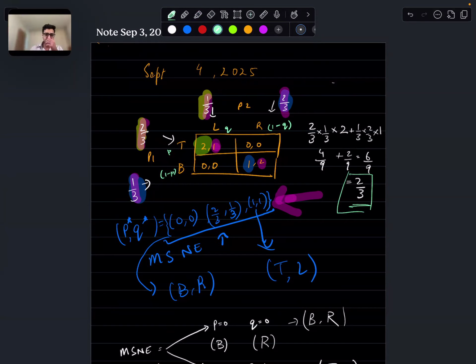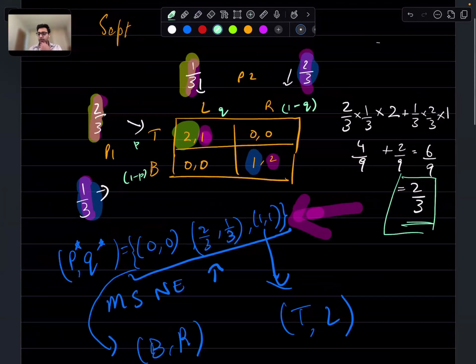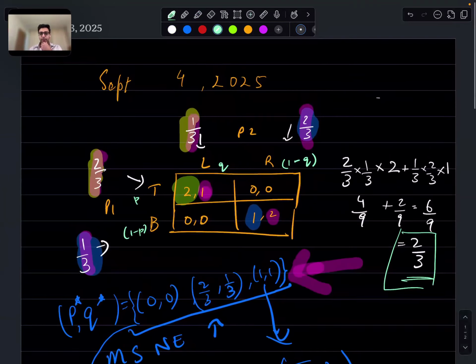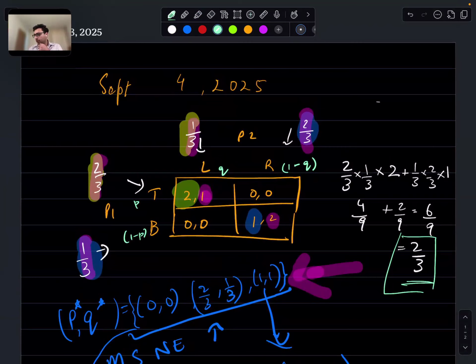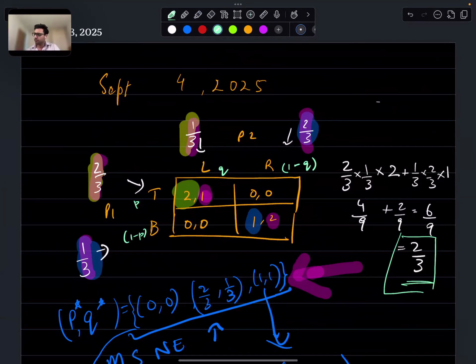So in that sense, this is a much more symmetric equilibrium because both players are mixing and they're also earning the exact same amounts in equilibrium. Whereas when we were looking at pure strategy Nash equilibria, we had equilibria in which the payoffs were asymmetric. Either player 1 is happy or player 2 is happy. Here they're both equally unhappy, getting a utility of 2/3 each.